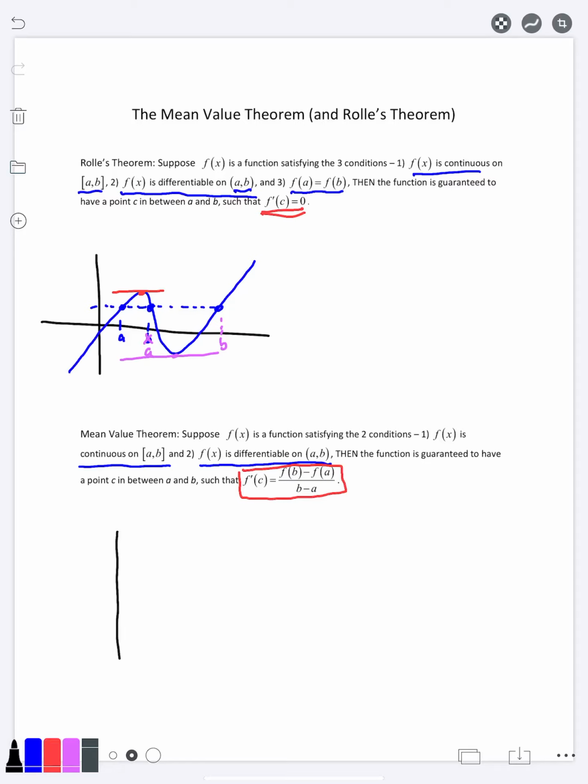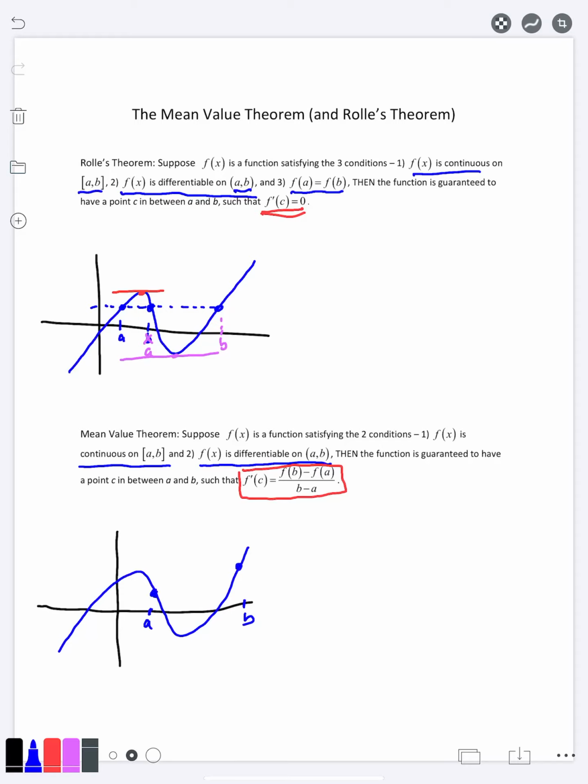So let me draw the picture here. And this time I'm going to pick an a here and a b there. So we look at our y values here.